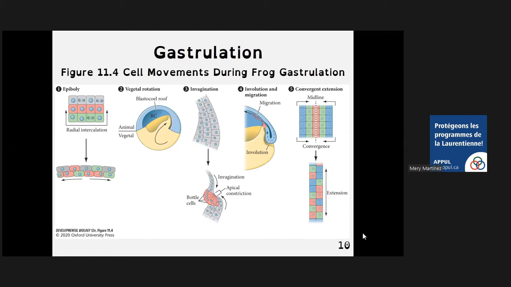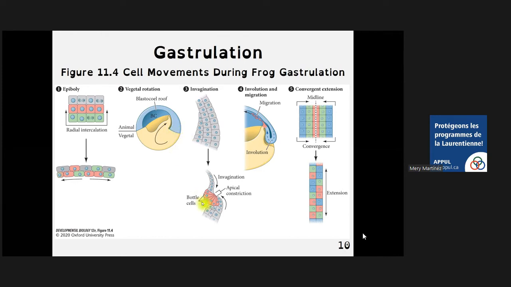So the anterior, posterior, and dorsal and all that follow those same movements. So we have the epiboly, they start going and stretching. We have the vegetal rotation, with the blastocoel roof going from the animal towards the vegetal section. We have here the invagination of the cells going inside for the formation of the archenteron.